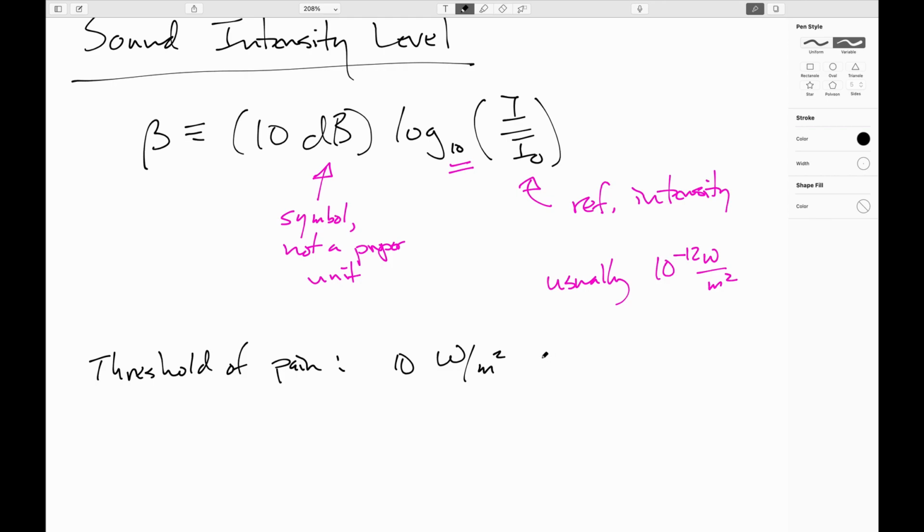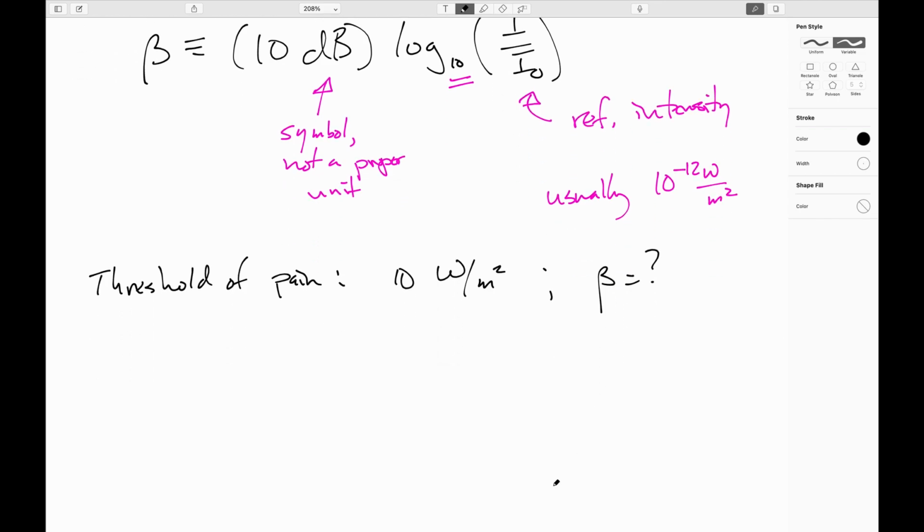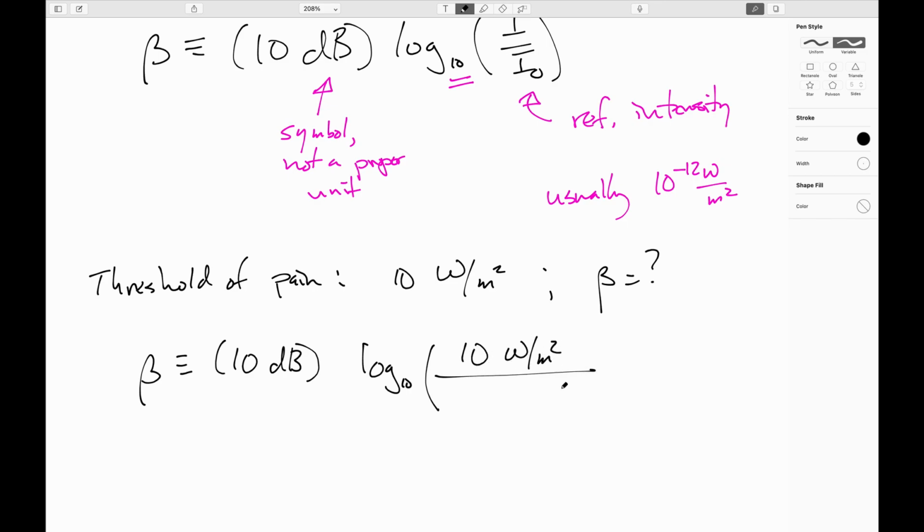So let's figure out what the sound intensity level is that corresponds to that. Putting in, the sound intensity level is going to be 10 dB times the base 10 log of I over I naught. Well, I here is going to be 10 watts per square meter, and my reference level is 10 to the negative 12 watts per square meter.